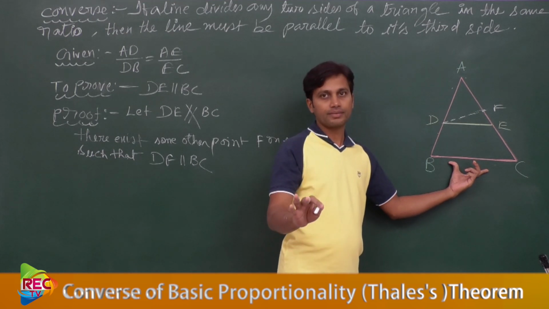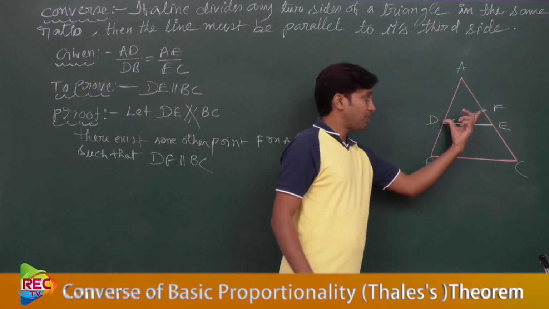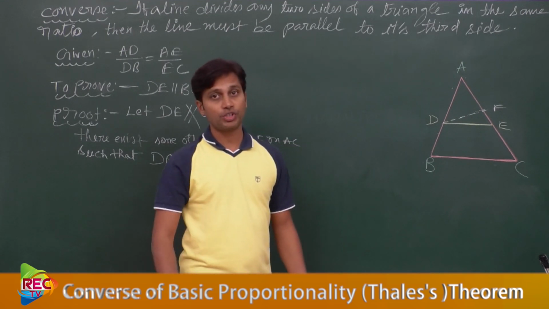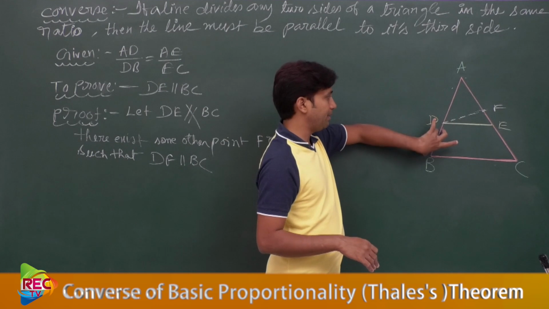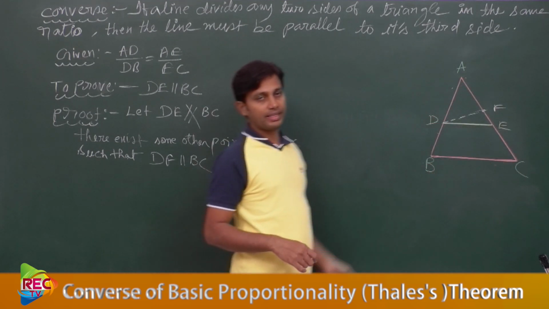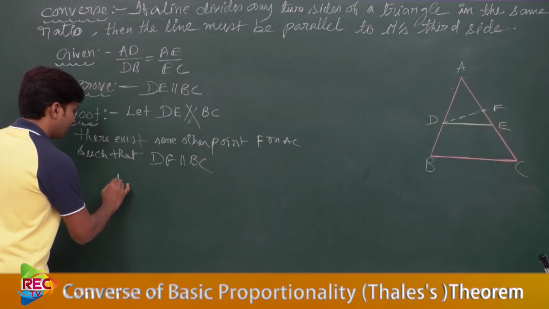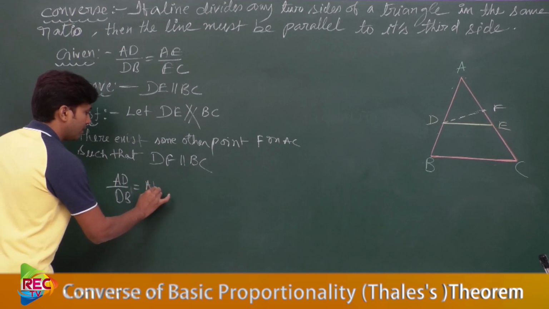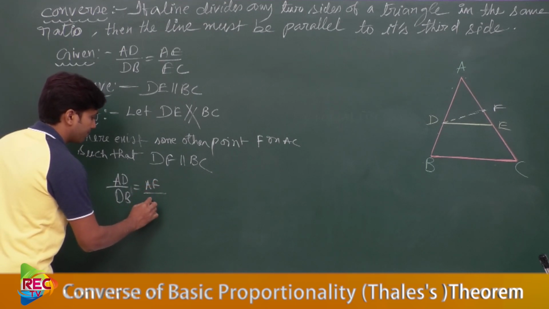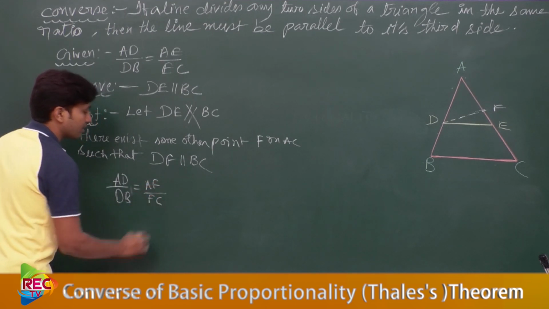Now, if DF is parallel to BC, can we apply the basic proportionality theorem or not? What is that theorem? AD by DB equal to AF by FC. Apply that: AD by DB equal to AF by FC.